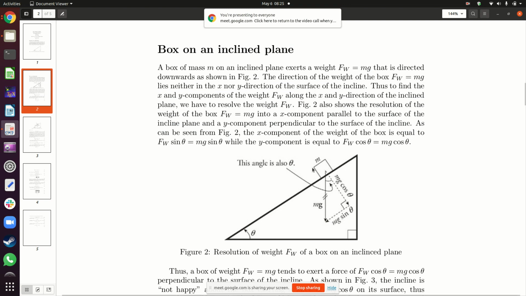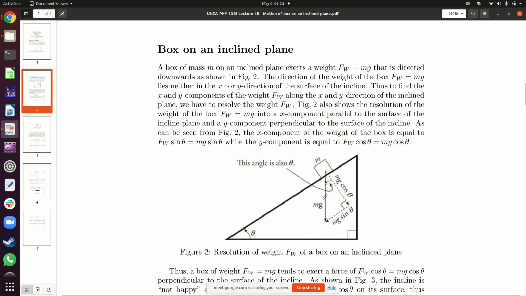So after deciding that along the incline, downwards is going to be the positive x-axis and upwards is going to be the negative x-axis, we come to a choice of positive y-axis and negative y-axis. In that case, we have said perpendicular to the incline, at 90 degrees to the incline, that will be our y-axis. Now, that is not enough.